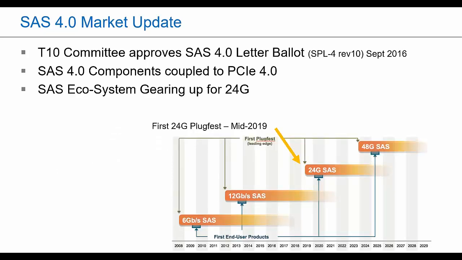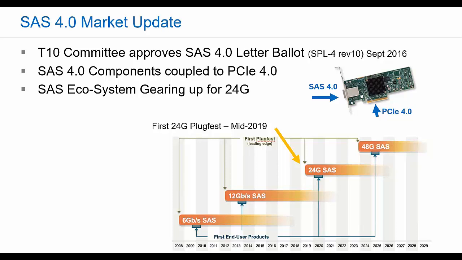First, a quick market update. It's definitely been a long journey for us SCSI bigots. The SPL 4 spec was approved in September of 2016, so it's taken longer than usual to get to the first 24 gig building blocks. A lot of people will point to PCI Express 4 and the delays in getting these platforms out.